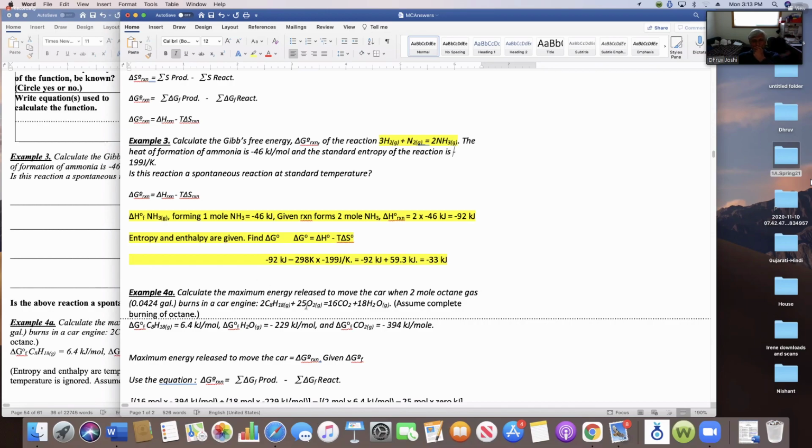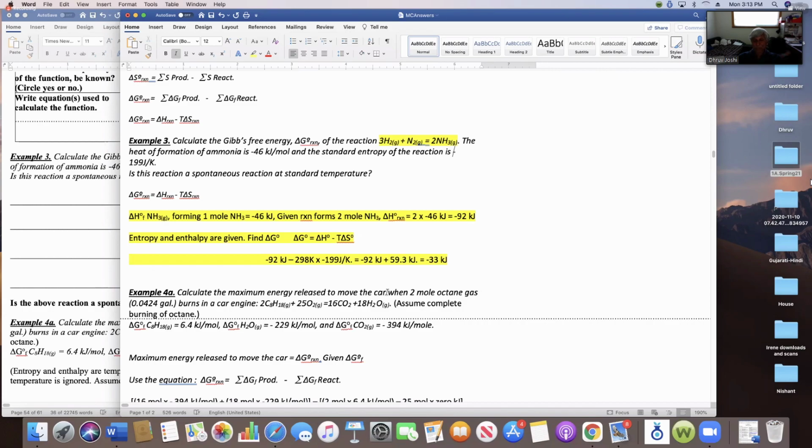Okay, example 4A. Calculate the maximum energy released to move the car. What does that mean? That means we are talking about delta G. Delta G is the free energy, meaning energy that can be used to do work.